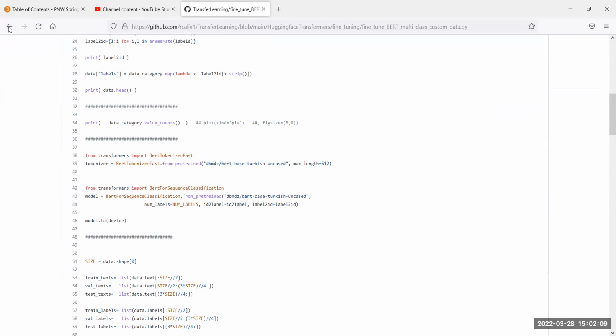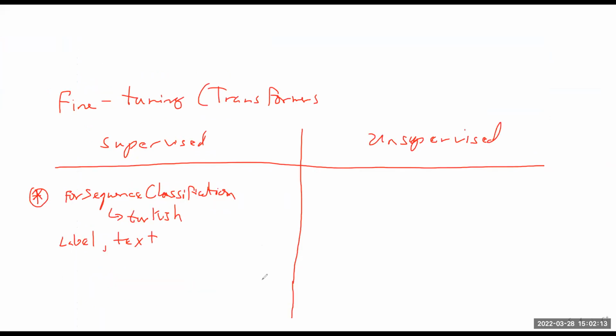So let's go back to the whiteboard. That's one type of approach. Number one, for sequence classification, the output is, for any amount of text, one label.